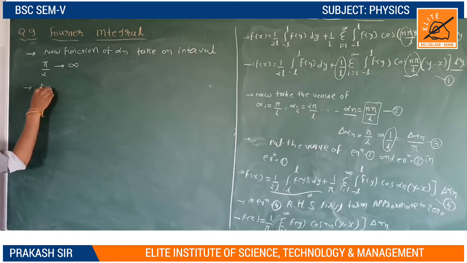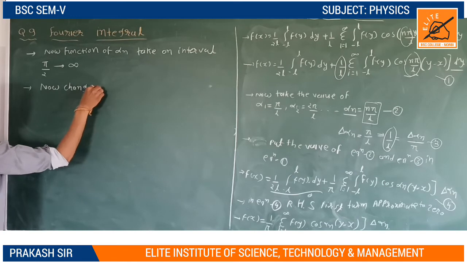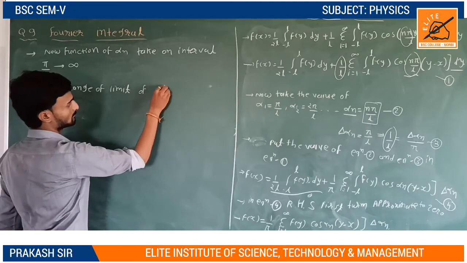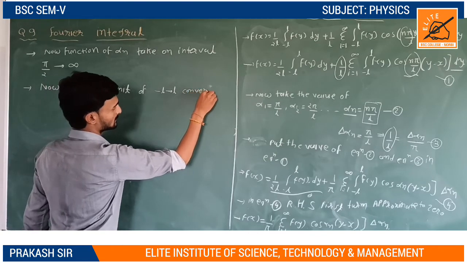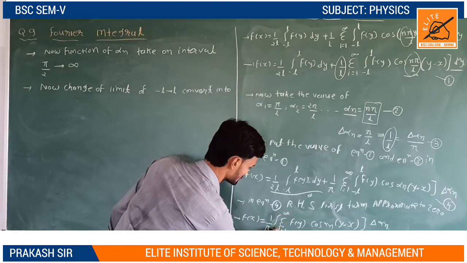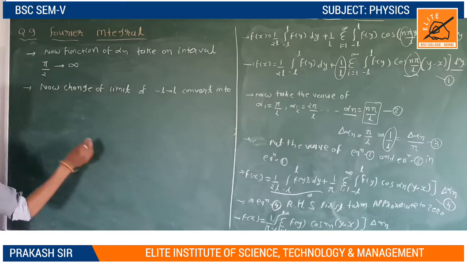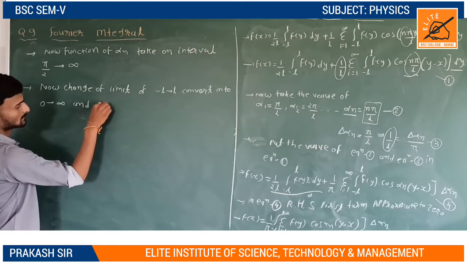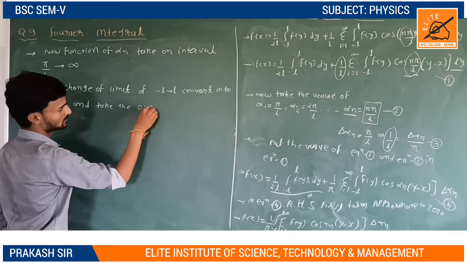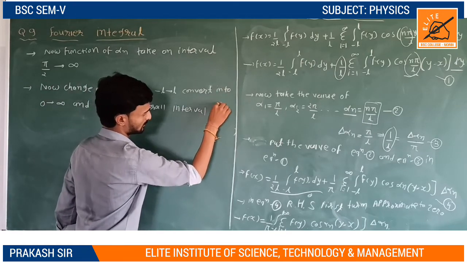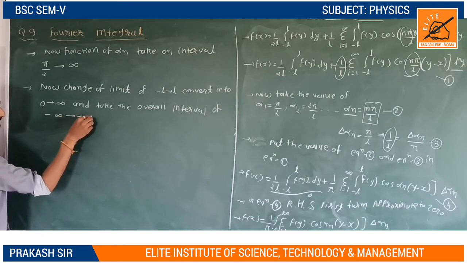Now change the limit: minus L to L converts into 0 to infinity, and take the overall interval of minus infinity to plus infinity.